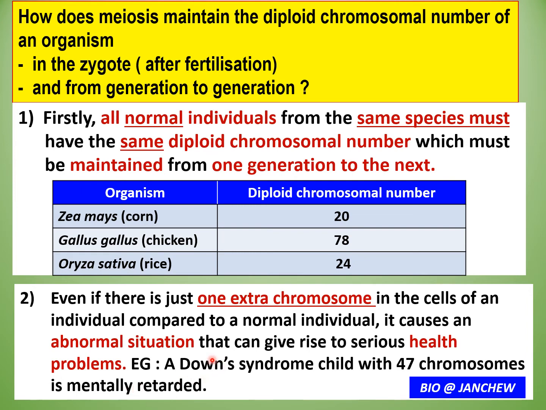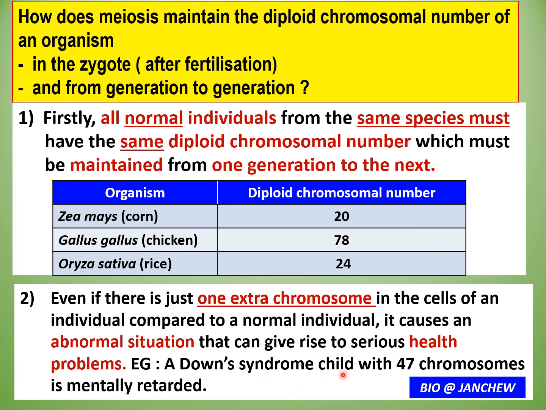A Down syndrome child has an extra chromosome number 21. So the child has 47 chromosomes in each diploid cell. And this child suffers from mental retardation. The child is mentally retarded. And there are also other health problems related to a Down syndrome child.